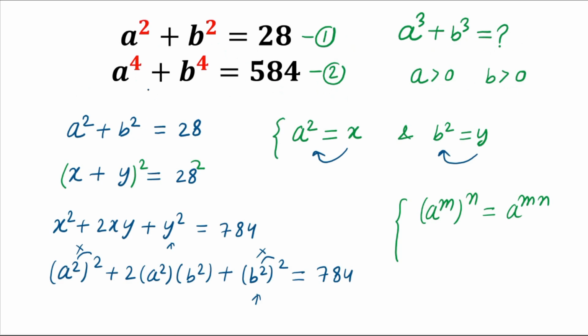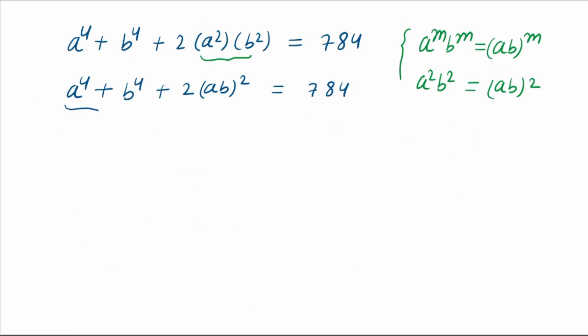Now look carefully at equation number second: the value of a power 4 plus b power 4 is 584. So this expression is replaced by 584 plus 2 times (ab) square, and this equals 784. Now subtract 584 from both sides.